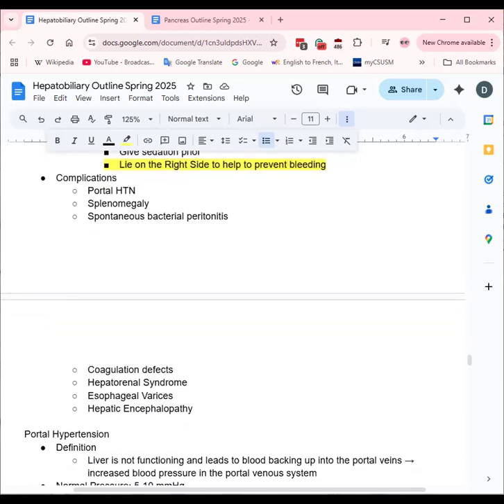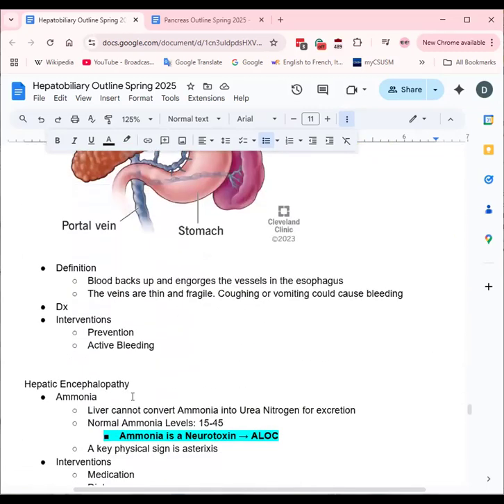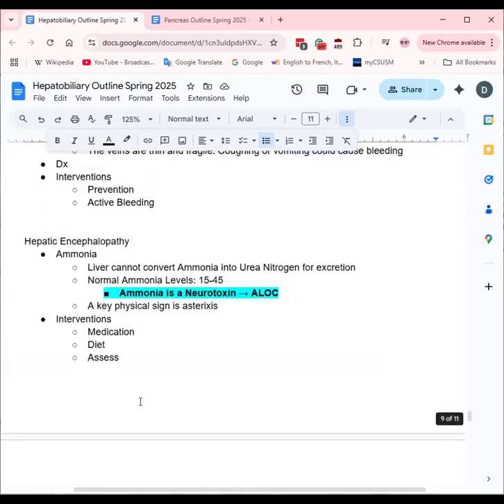And then we have some of the complications. We have the portal hypertension that we kind of talked about. We're going to go into more detail down here, but we mentioned splenomegaly. This is something I didn't talk about too much, but I think I have it listed somewhere over here. Yeah, I do.